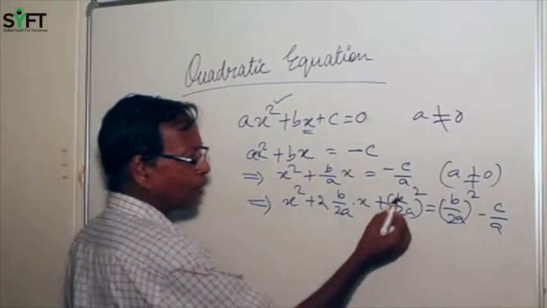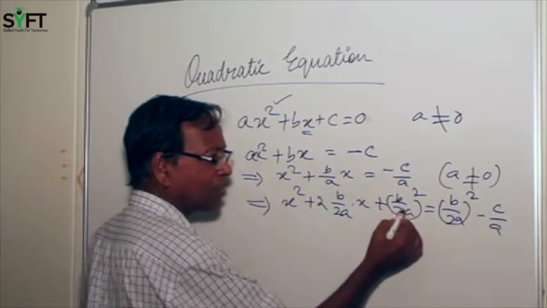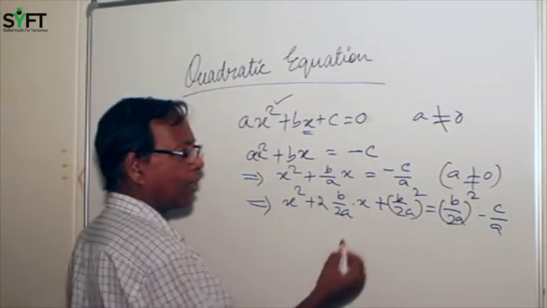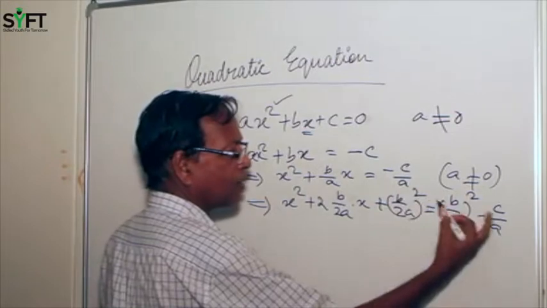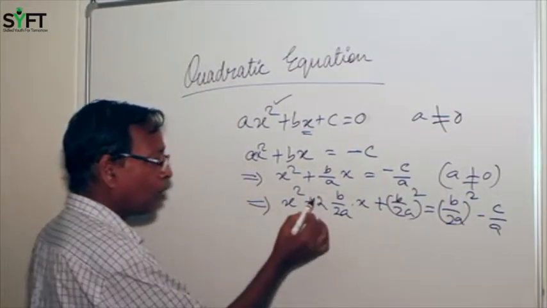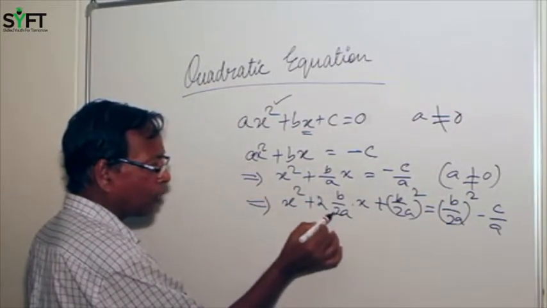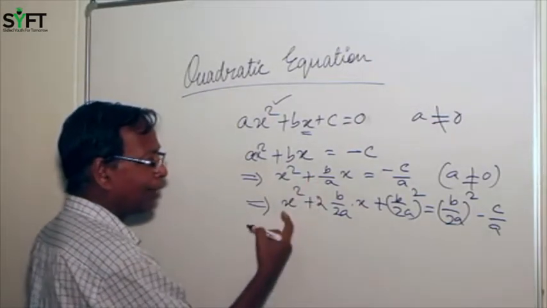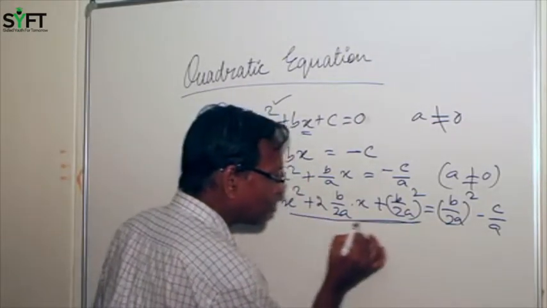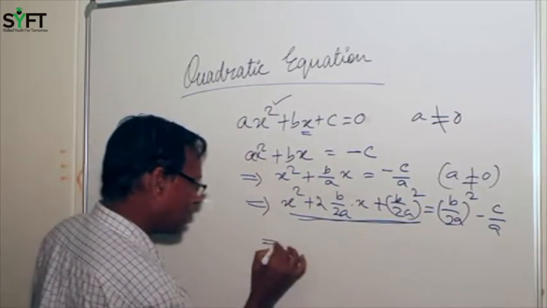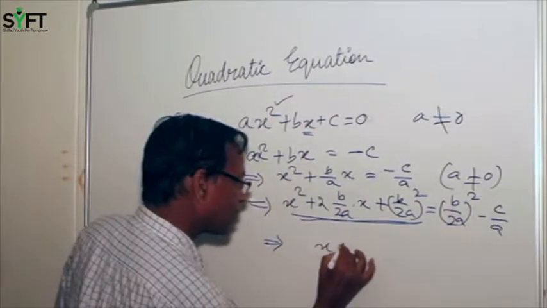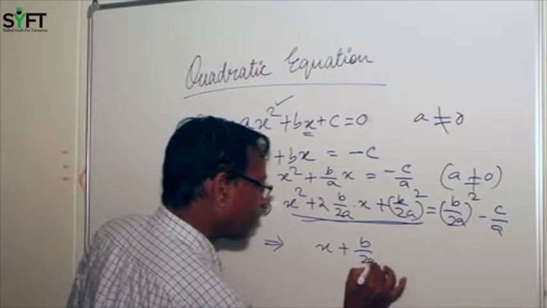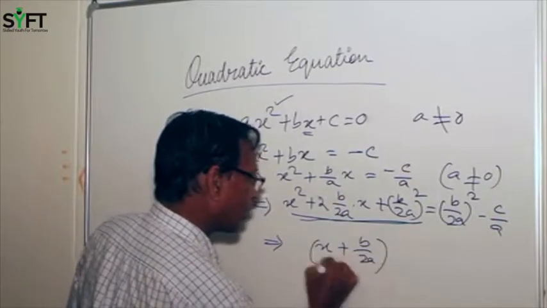So we have added the square of b by 2a on the left side and the right side, and minus c by a is there. And here we have written 2 and by 2 because 2 can be cancelled with 1, b by a. We mention it in this form to make it the square of x plus b by 2a whole square.